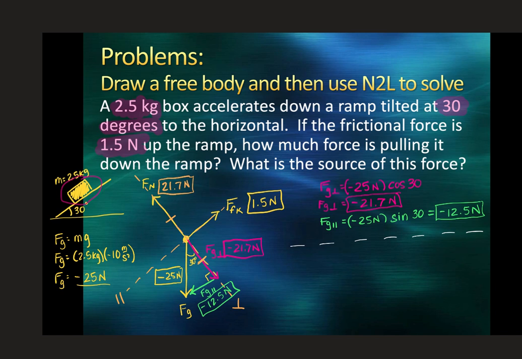And this also tells us, because of the magic word accelerates, that in the down ramp direction, parallel to the ramp, I have unbalanced forces. And so for me to figure out exactly how much force is pulling it down the ramp, I need to write a sum of forces equation in that direction, and figure out what is the total force that's acting in the down ramp direction.